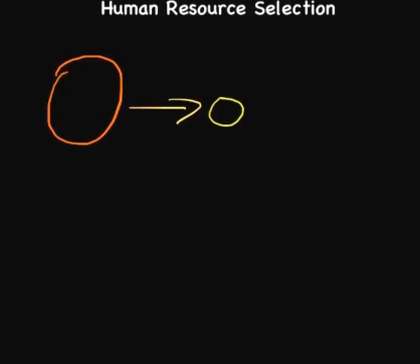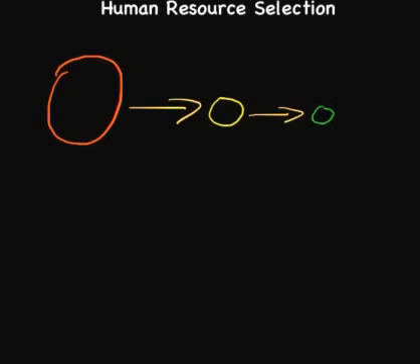A little more refined. Ultimately, what we do with the selection process is we enact hurdles. With every stage of the selection process, we're trying to reduce the number of people in the applicant pool, so we're getting smaller and smaller until at the very end we have a few people, and then we make a decision who is going to be the best candidate, the best fit for the organization, who can do the job most effectively.